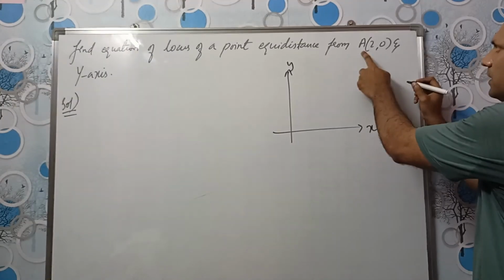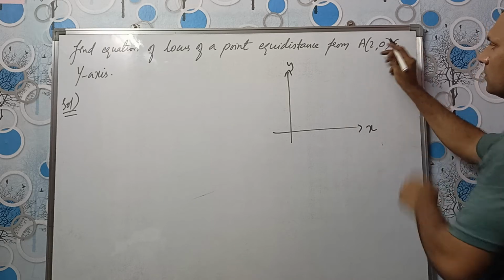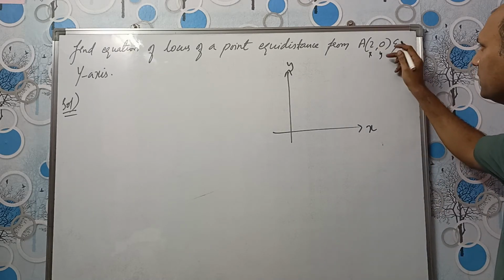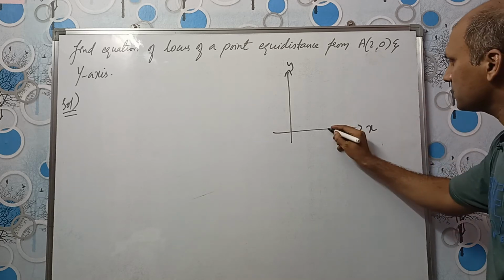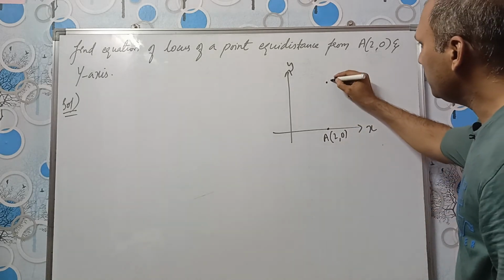See, A is on the x-axis because its y value is 0, (2, 0), which means this is the x value, this is y, and the y coordinate is 0 in this case. So A is somewhere here, (2, 0), and point P is somewhere here.